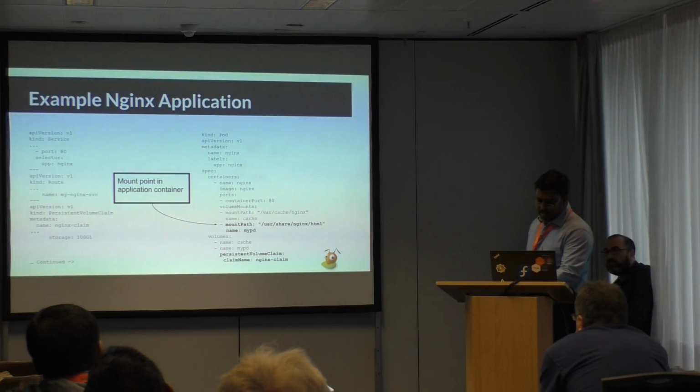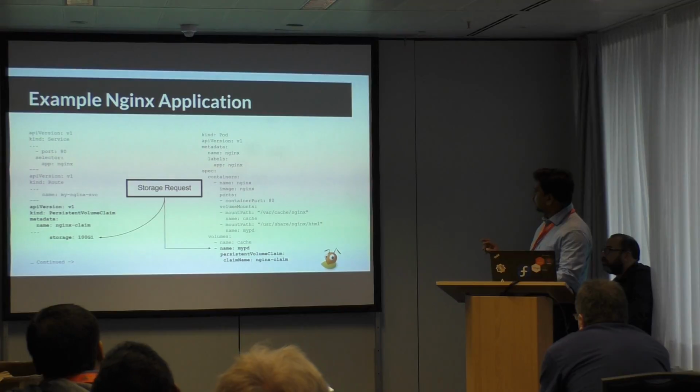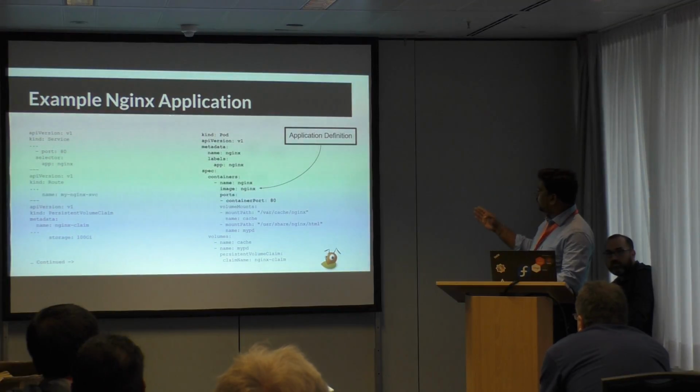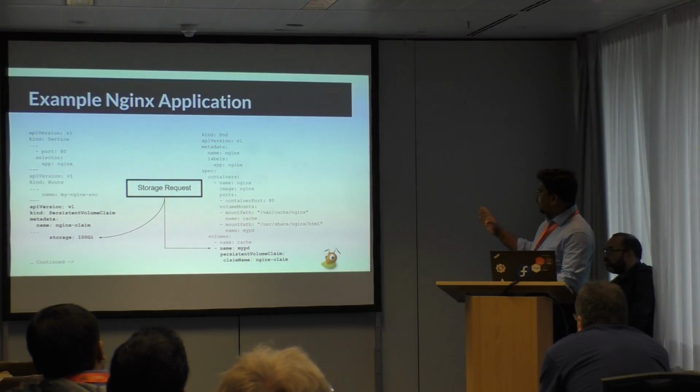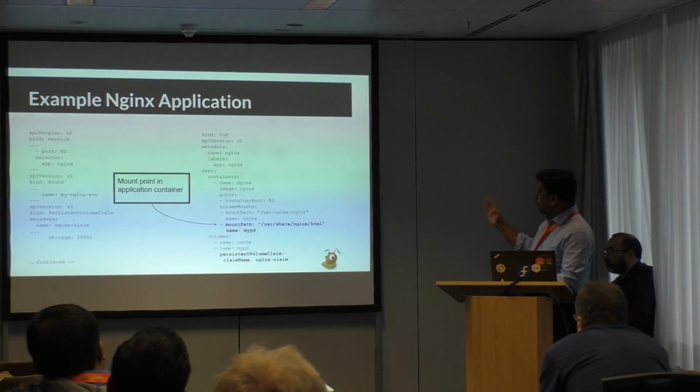So these are the three things the user cares about. Once again, an application definition, which says that this is the data about my application, and I want the storage for my container, and it has to be mounted inside a particular path.